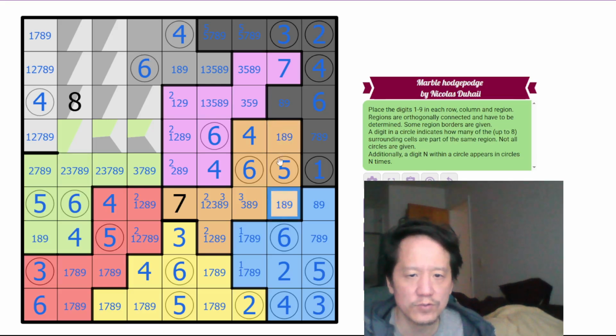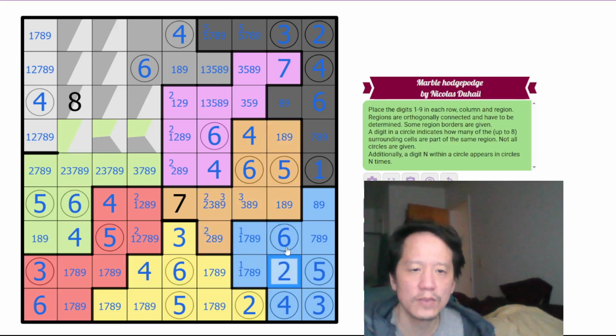This can no longer be 7. One of these is a 1, because this can't be 1. So the rest of the orange region cannot have a 1. One of these 3 pink cells is a 5.